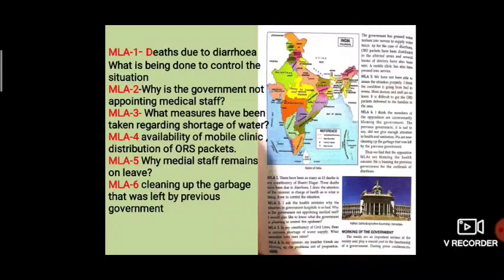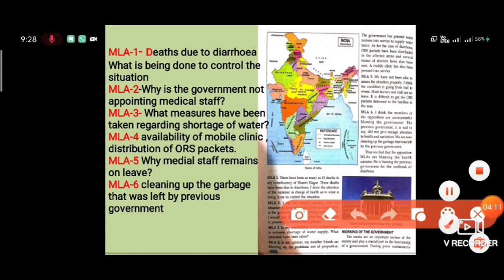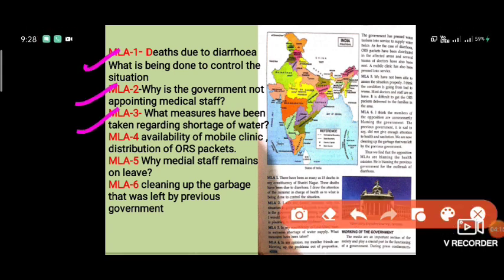Now, students, if we conclude this conversation, you see MLA1, MLA2, MLA3 and MLA5 are all talking about the negative points, that there is death, there is no medical staff, there is a shortage of water, and the medical staff is on leave.